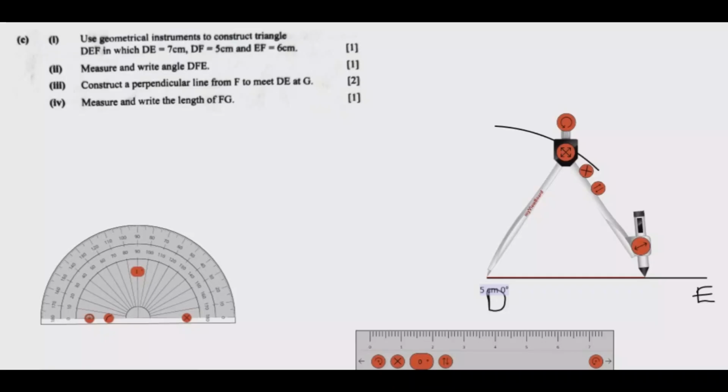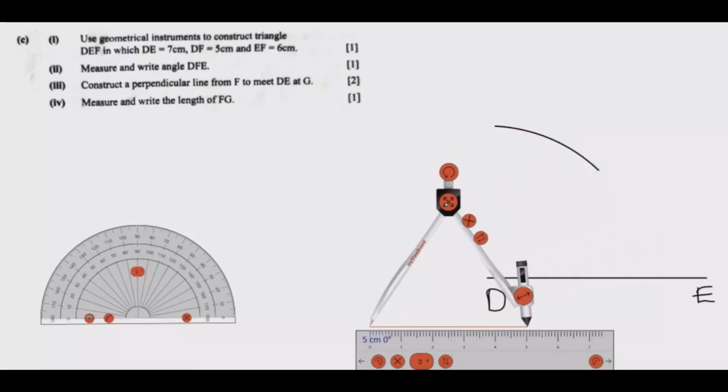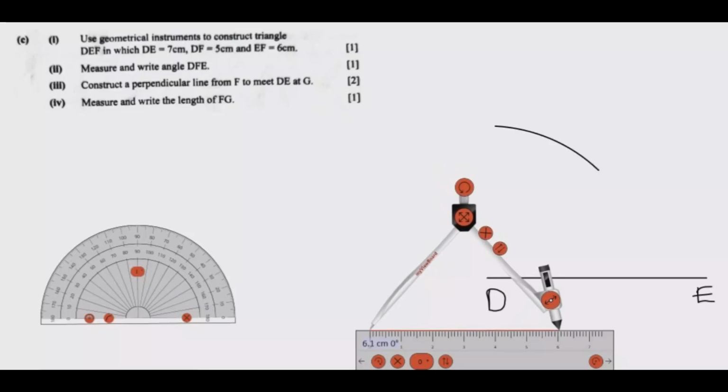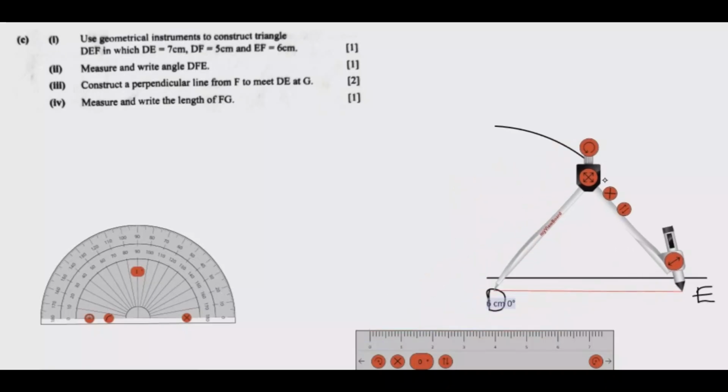Then next we are told the other line, which is EF, is equal to 6 centimeters. Then again I'm going to bring my compass here on the ruler and measure 6 centimeters. So I'm going to stretch the compass up to 6.